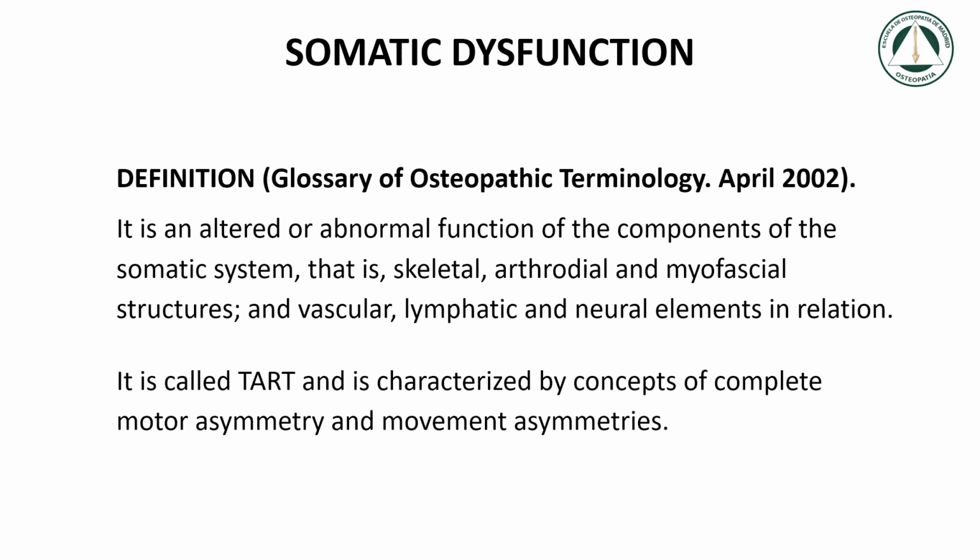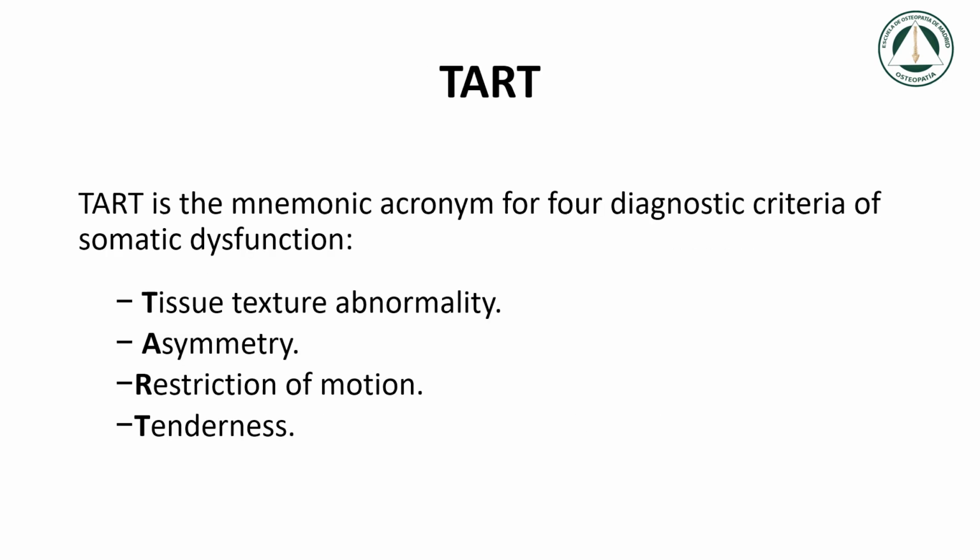It is called TART, and is characterized by concepts of complete motor asymmetry and movement asymmetries. TART is the mnemonic acronym for 4 diagnostic criteria of somatic dysfunction: tissue texture abnormality, asymmetry, restriction of motion, tenderness.